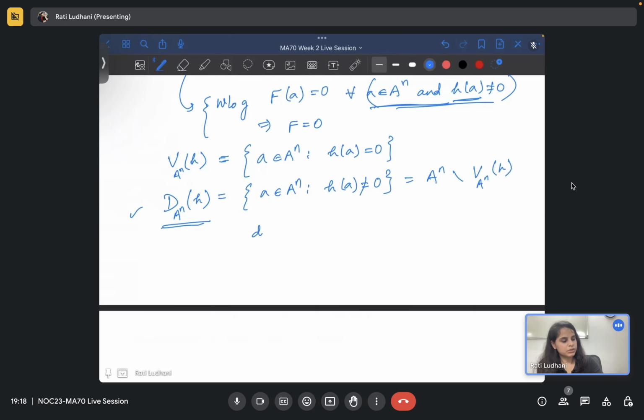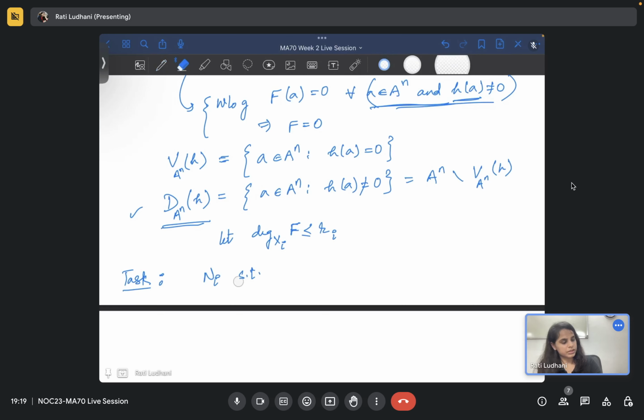Let degree of x_i of f be equal to r_i. We use the same notation. So degree of this new f is less than or equal to r_i. Then we have to produce some n_i.